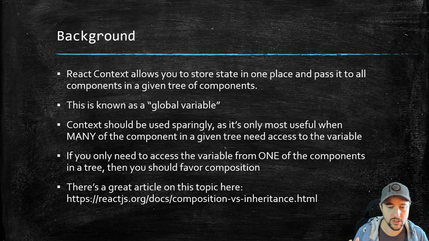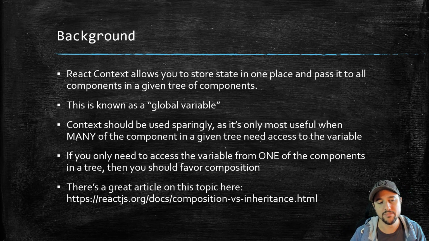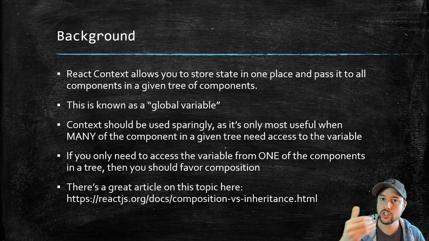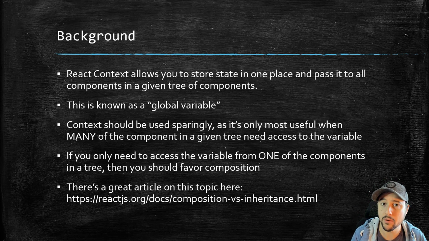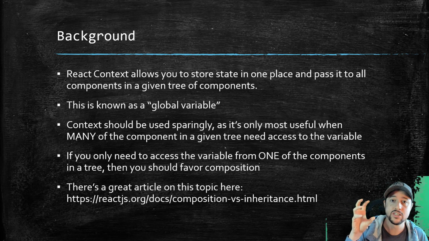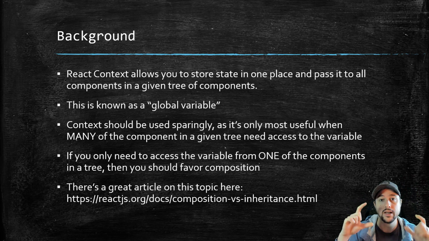There's a great article on composition at the bottom of the screen there that covers this concept. It takes a little bit to wrap your brain around, but we've actually used it in one of our components already. The private route component leverages this concept of composition, where we pass the children into the private route.